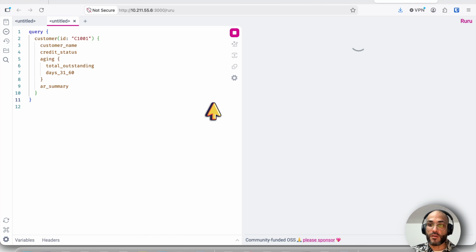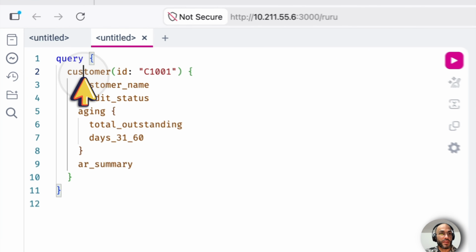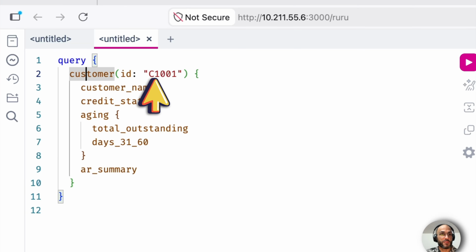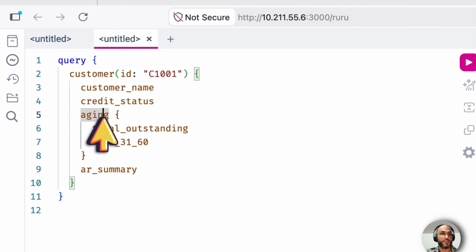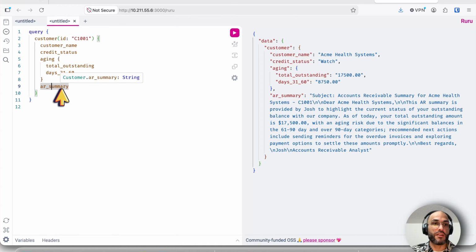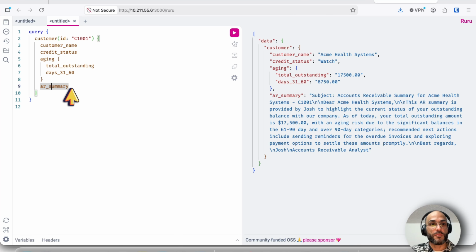We're gonna go over performance, security, and all of that in a later video, but meanwhile, we can see that we're querying the customer ID that we just saw, the name, the status, the aging, and we added a new field called AR summary. This is basically returning the analysis done by the local large language model.